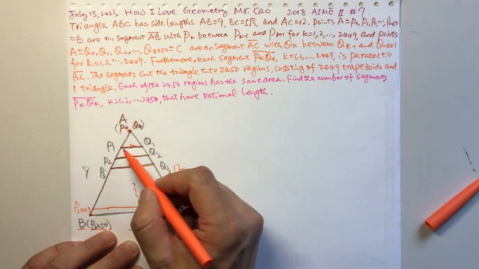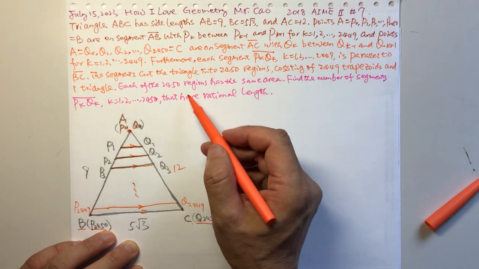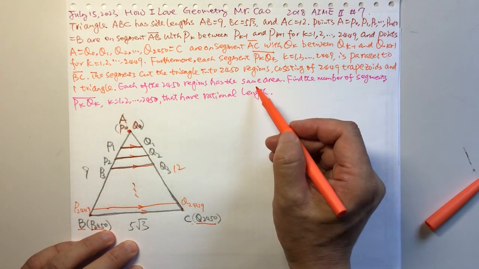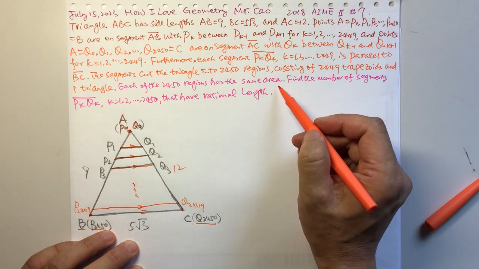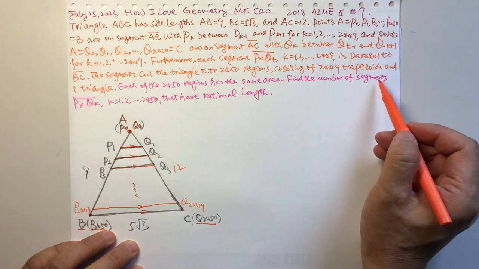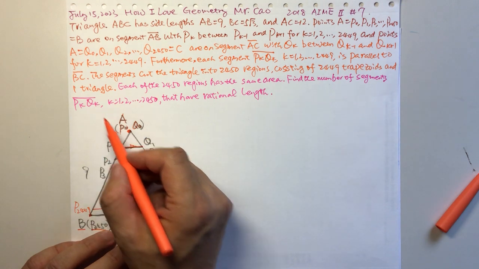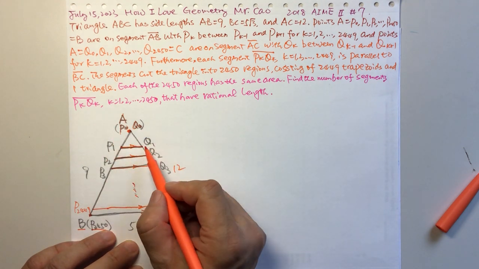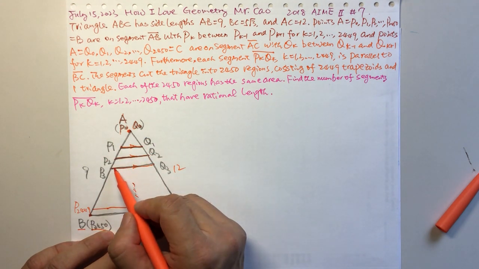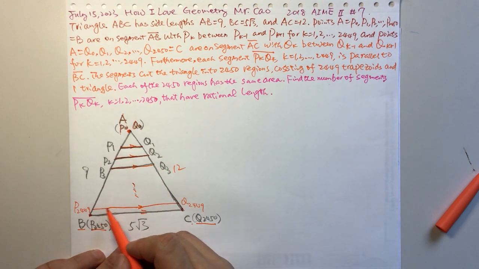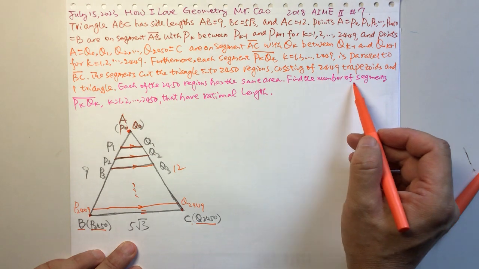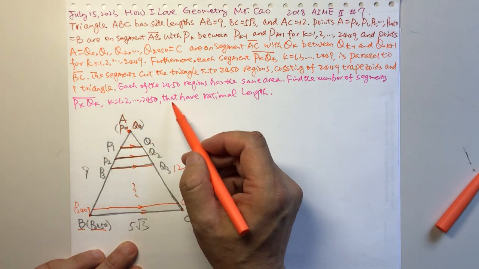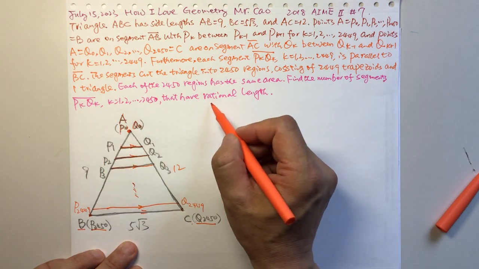Each of these 2450 regions has the same area. Find the number of segments PkQk, like P1Q1, P2Q2, P3Q3, all of these segments, that have rational length.